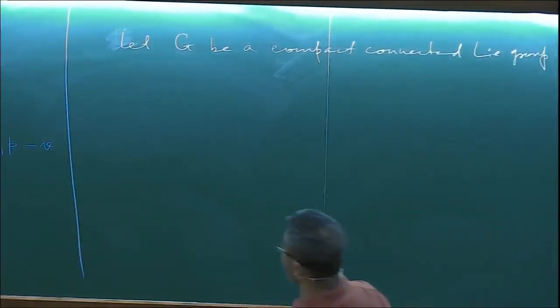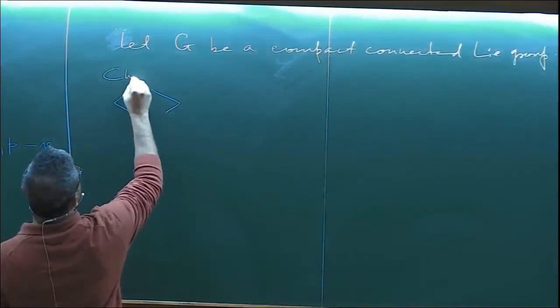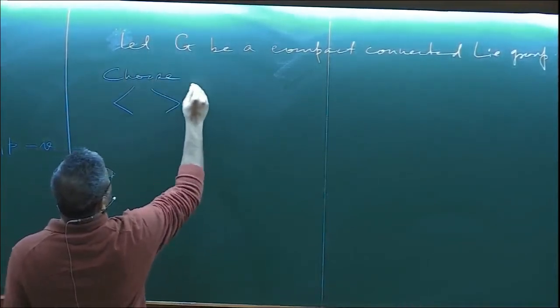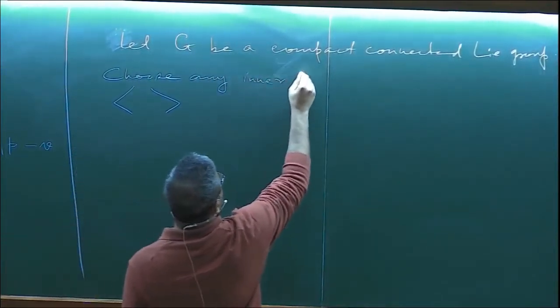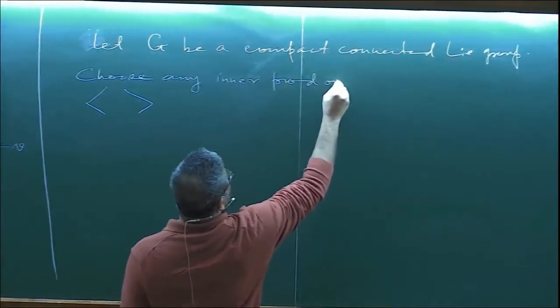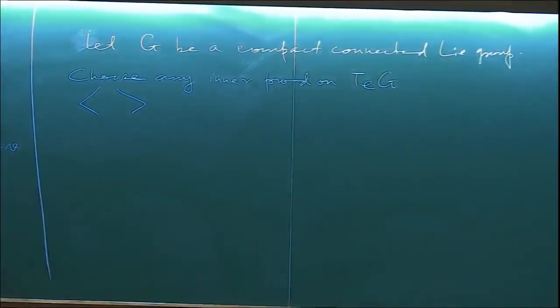So I choose any metric that I like, so choose any inner product on the tangent space at identity, and on the tangent space the group acts by the adjoint representation, okay?